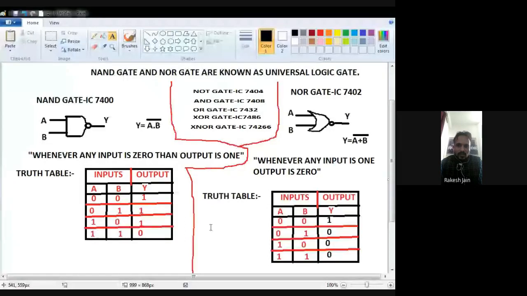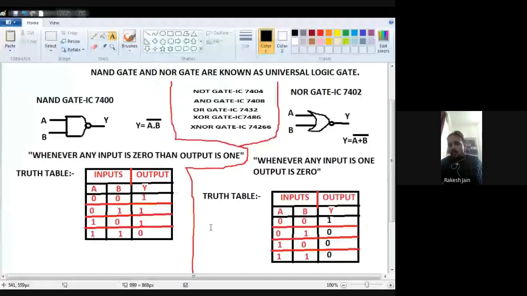So this is the truth table. For 0 0 the output is 1 because there is no 1 at the input side. For 0 1, the output is 0 because 1 is there. For 1 0, again 1 is there, so we type 0. For 1 1, I have to type 0.